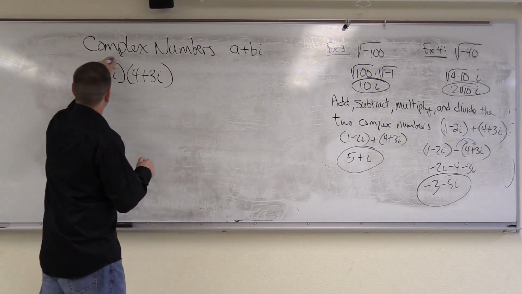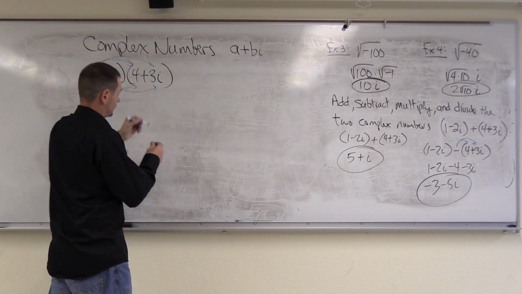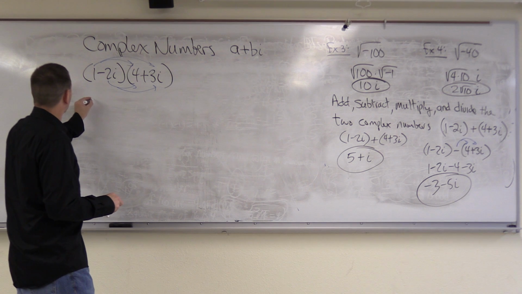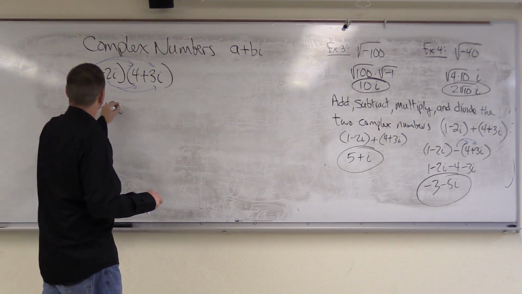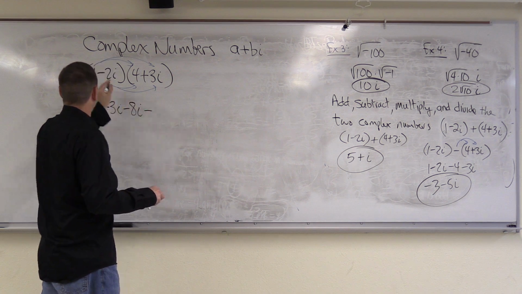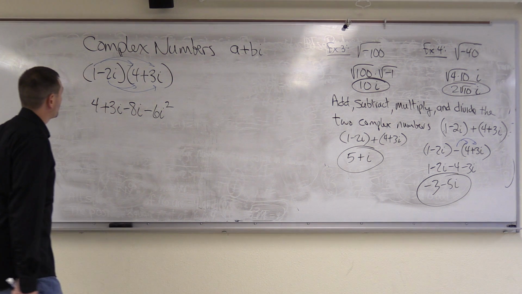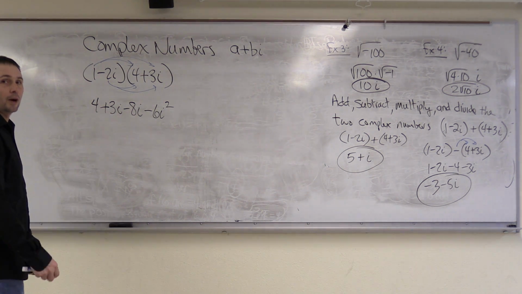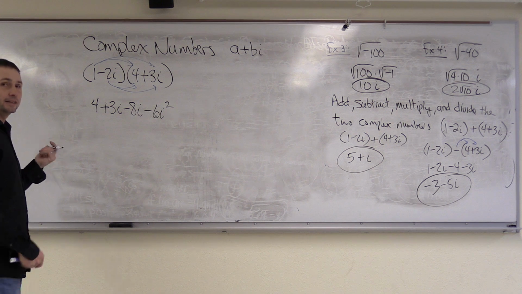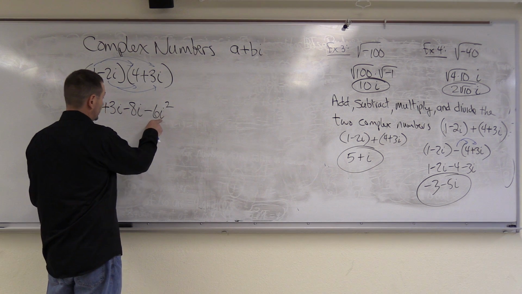I'm just going to distribute my 1 through to everything, and then my -2i through to everything. Combine my like terms, simplify it down to standard form. So I'm going to get 4 plus 3i and -8i, then -8i minus 6i squared. That i squared, though, is actually -1, because i is the square root of -1. So when you square it, you just replace that with a -1.